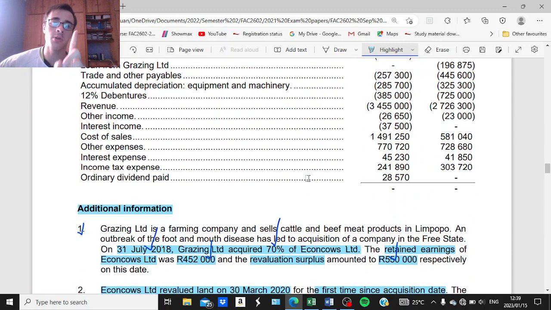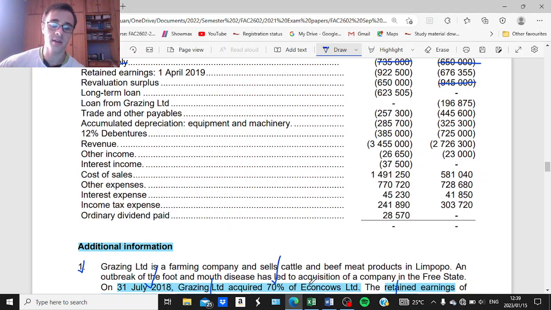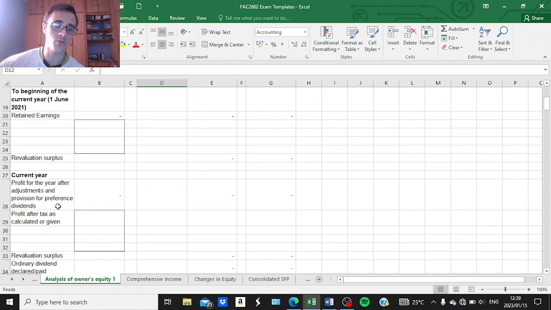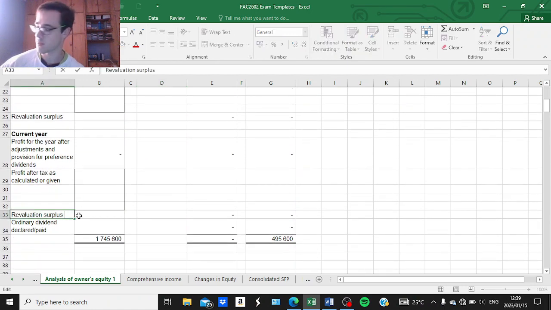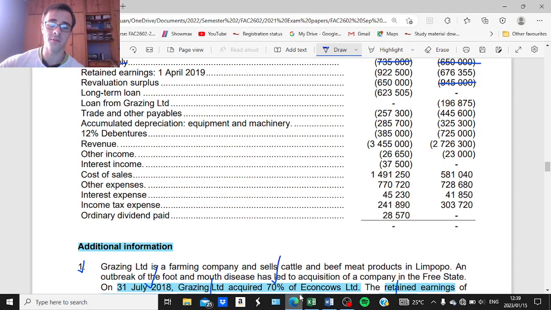Okay, and there was only one revaluation after the date of acquisition, which means that in order for us to calculate the current year's revaluation surplus for the subsidiary, we will only take the year-end balance of 945,000 and we will subtract the balance of revaluation surplus at the date of acquisition, which was 550,000.